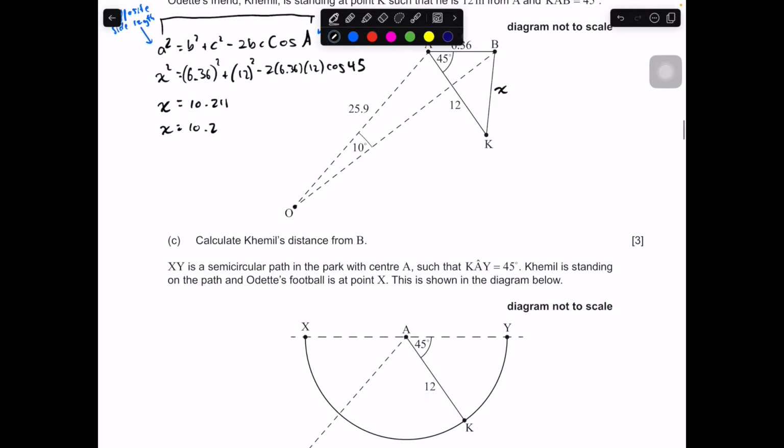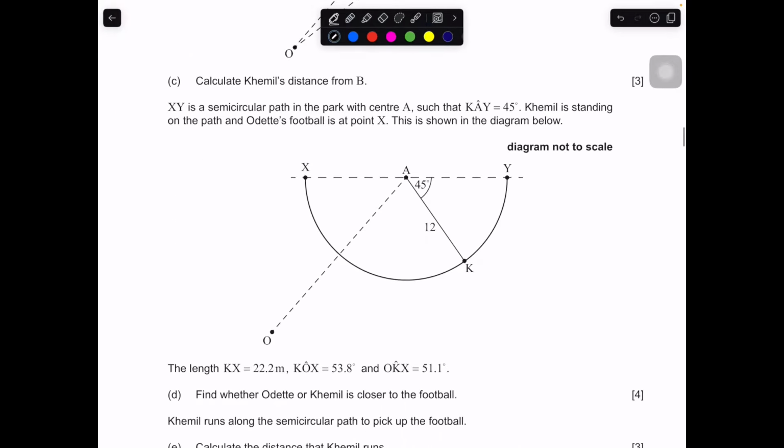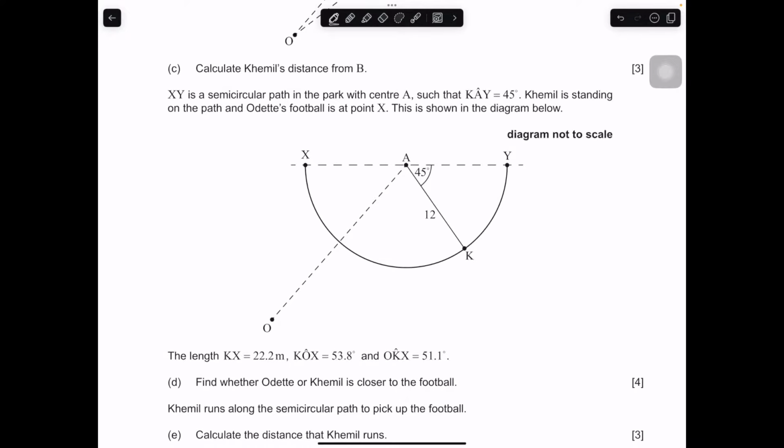Okay. Keeping on. xy, let's see what that is. xy is a semicircular path in the park with center A, such that KAY is 45 degrees.